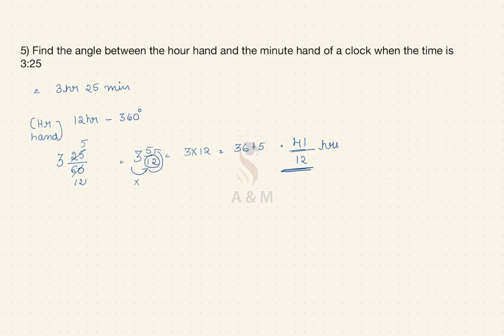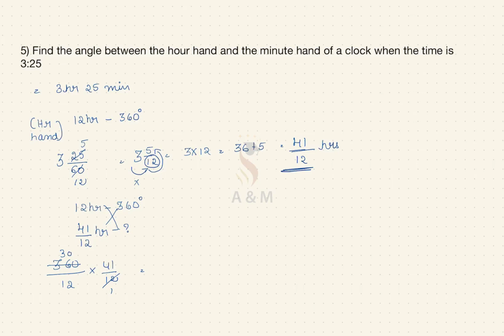Now you know that for every 12 hours the hour hand takes 360 degrees, right? Therefore 41 by 12 hours takes how many degrees? Just cross multiplication: 360 by 12 into 41 by 12. 12 ones are 12, 30 twelves are 360.